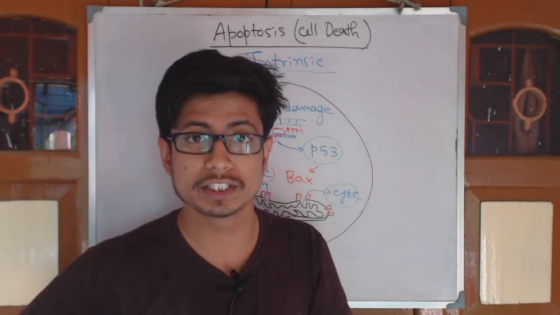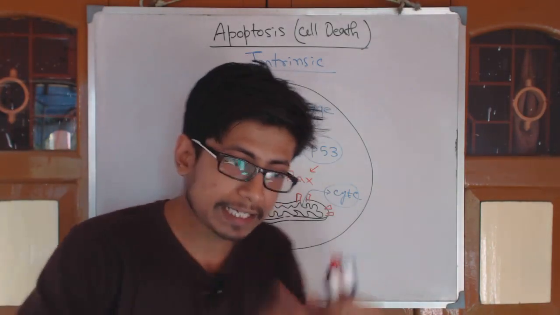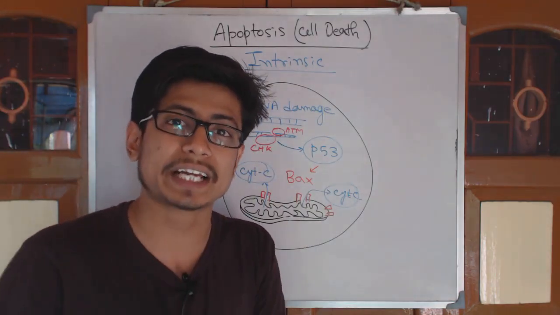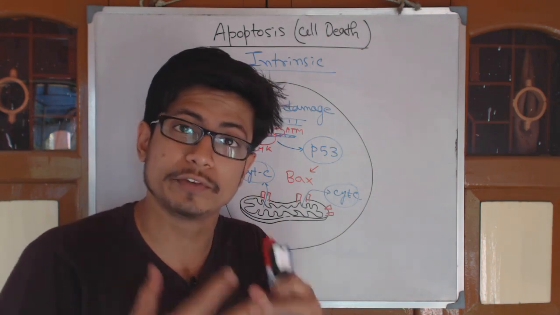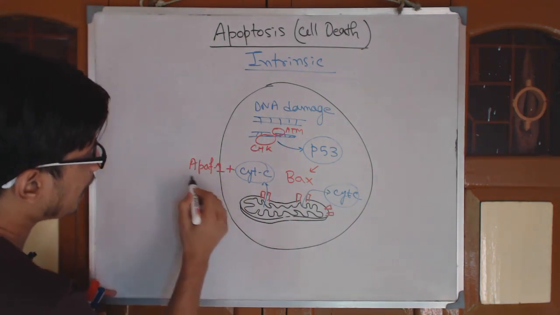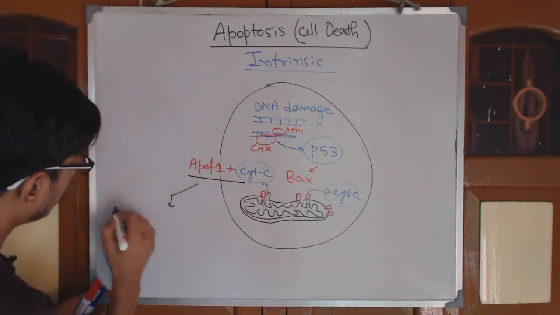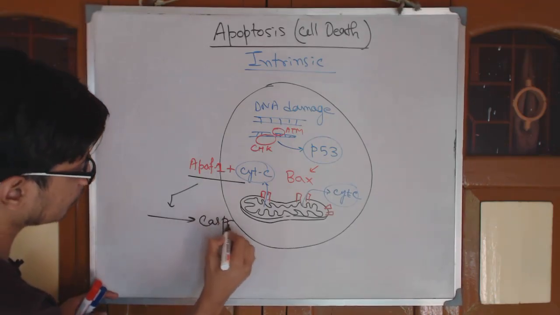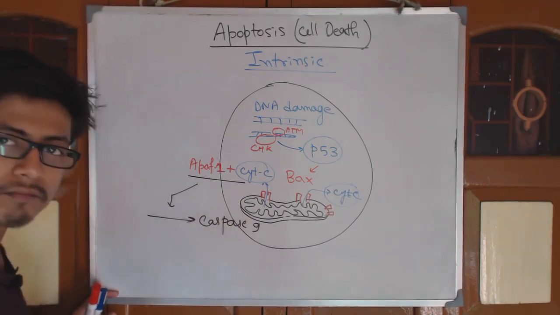protein cascade reactions downstream, and that cascade of reactions will ultimately turn into nuclease activation and protease activation events. So cytochrome C and APAF1 will go and activate caspase 9.